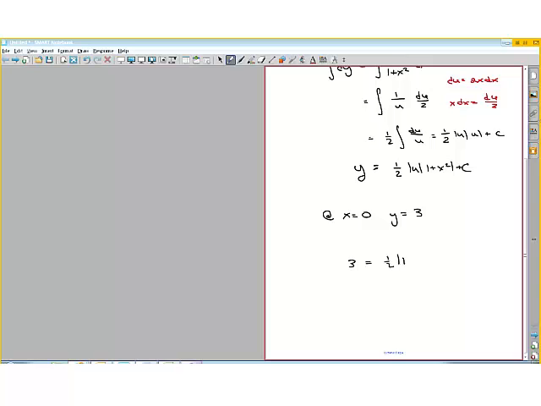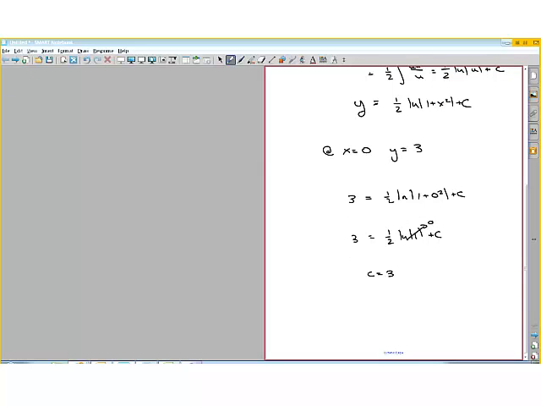You take 1/2 the natural log of the absolute value of 1 plus 0 squared plus c, and then you'd have 3 is equal to 1/2 the natural log of 1. Well, the natural log of 1 is 0, and so you get c is equal to 3.